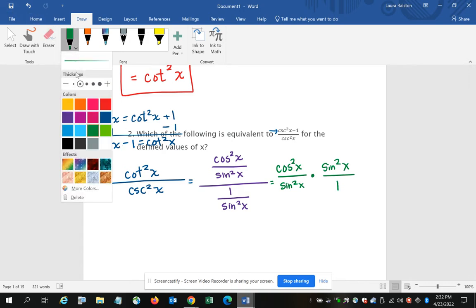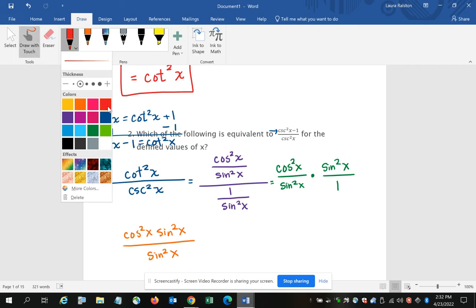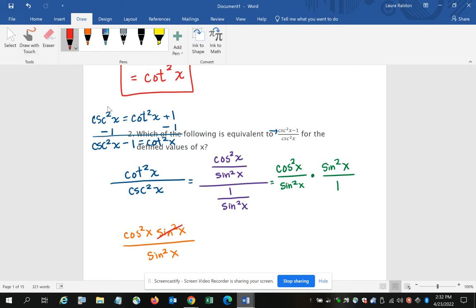If we multiply that out, and I'm going to multiply it out so you can see what's happening, you're going to have cosine squared x times sine squared x divided by sine squared x. Notice that you have a sine squared x in the numerator and the denominator, which will divide out, and you're left with cosine squared x over 1, which is simply cosine squared x.